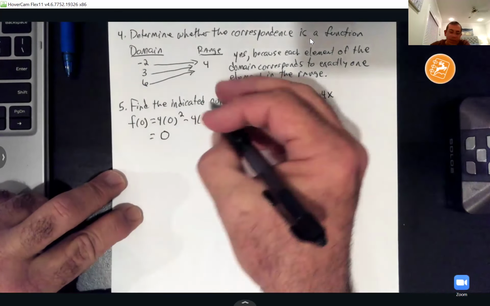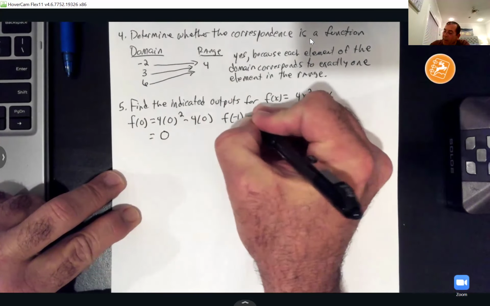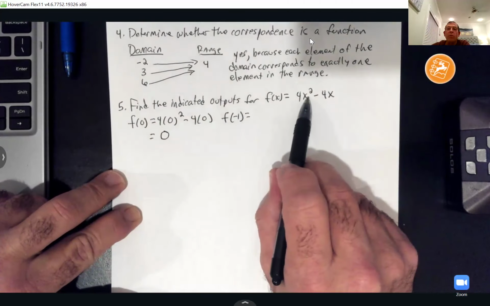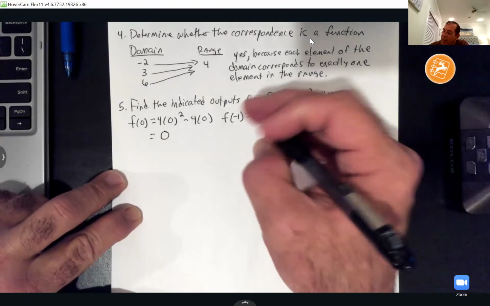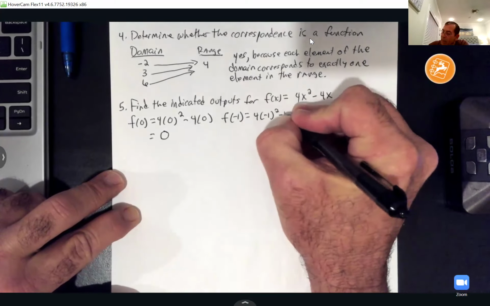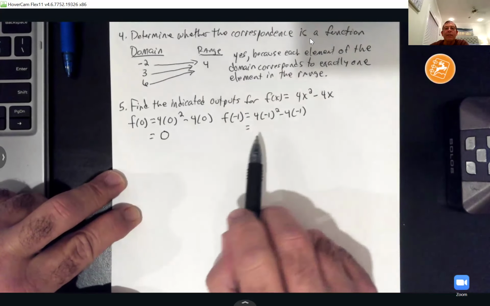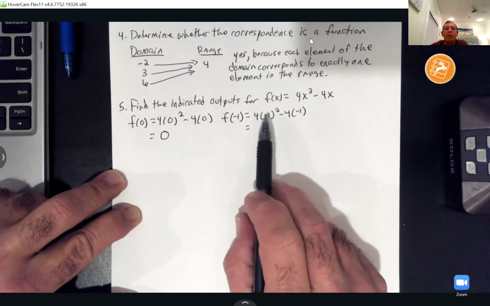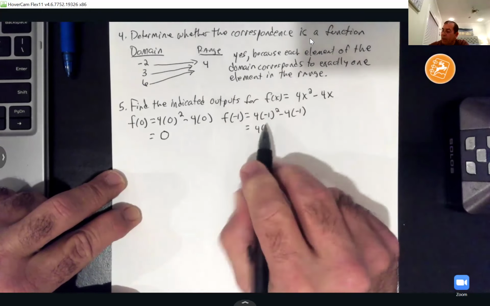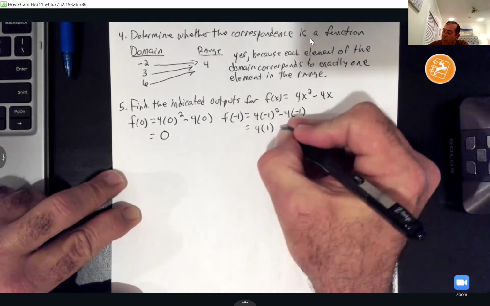Once you put in that answer, they'll pop up f of -1. Well, f of -1 wants me to put a -1 in for both my x's. All right, so let's see. Exponents first. So bring down that 4. -1 times -1 is a +1.